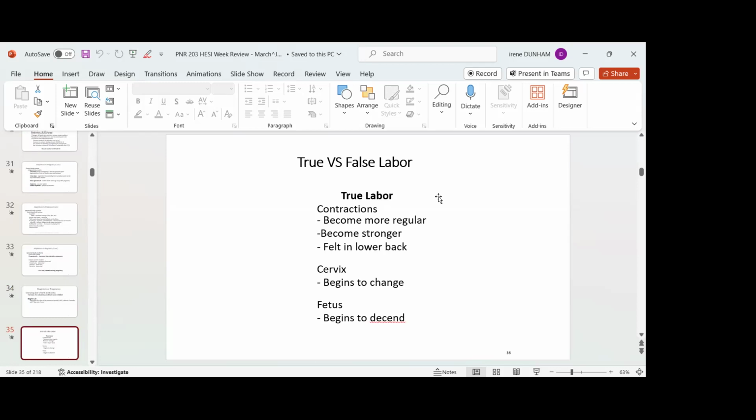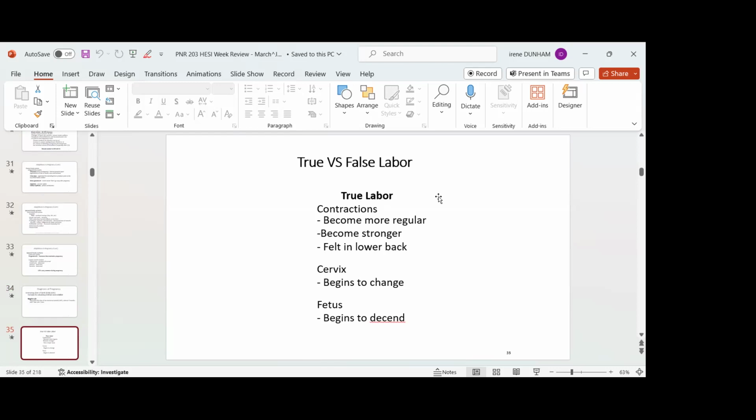Now, you're the labor room nurse or the triage nurse, and you ask, how long are the contractions? You are referring to duration: how long one contraction is lasting, from the beginning of one contraction to the end of that one contraction. Just one. That's duration.